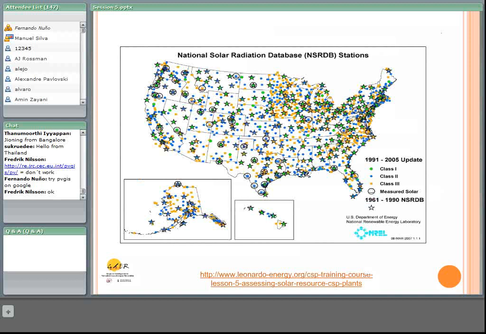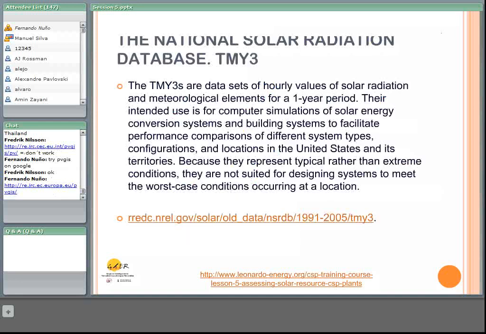Here, for example, we have the stations used for the elaboration of the National Solar Radiation Database in the United States. As you can see, it's a huge number of stations distributed all over the territory of the United States. There are different types of stations, and many of them with measurement of solar radiation, which is not very common. This National Solar Radiation Database provides typical meteorological years.